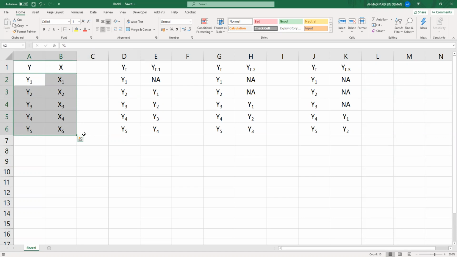And then if you divide by the standard deviation of X and the standard deviation of Y, you get the correlation. We know that correlation takes values between -1 and +1. It cannot be smaller than -1 or greater than +1. So it tells us the strength of the relationship between two variables.